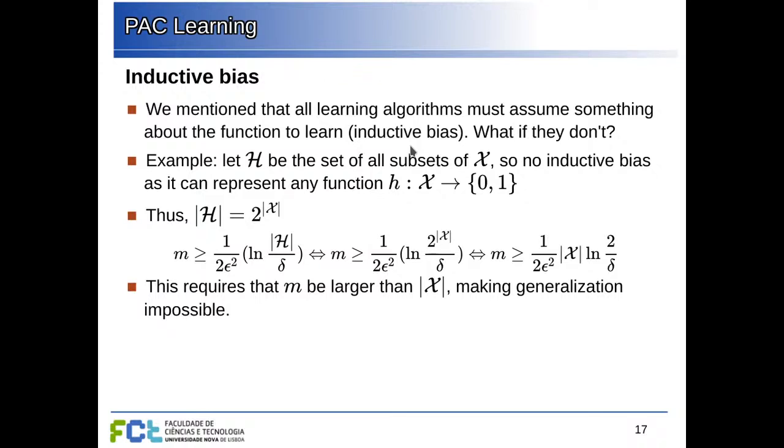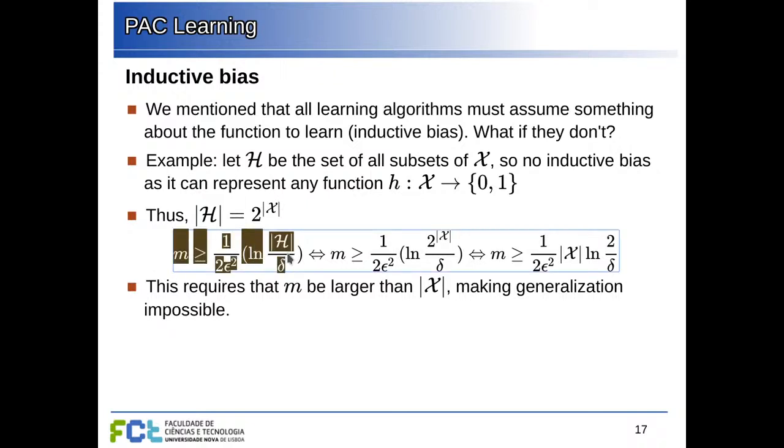There is no inductive bias. So in that case, the number of hypotheses in our hypothesis class must be 2 raised to the number of examples in our universe. This is the total number of hypotheses there, because each hypothesis basically can say that this example belongs to class 1, this example belongs to class 0, and so forth. So we have all the combinations of zeros and ones there, and this is 2 raised to the number of examples we have. So this is the size of our hypothesis class.